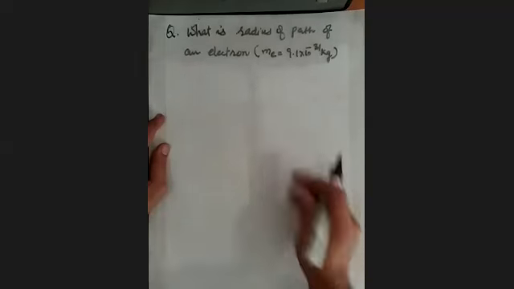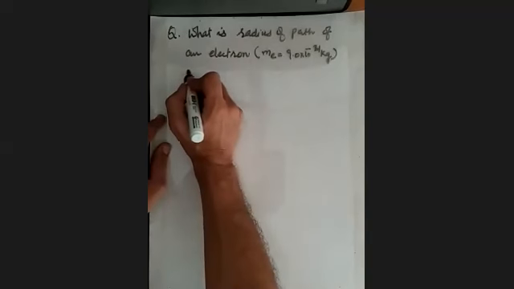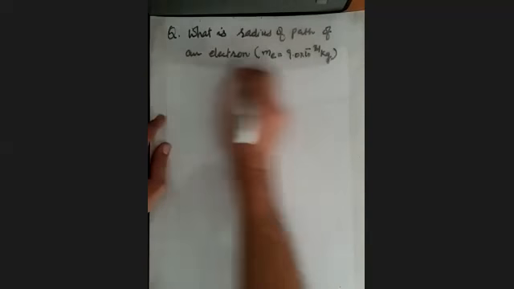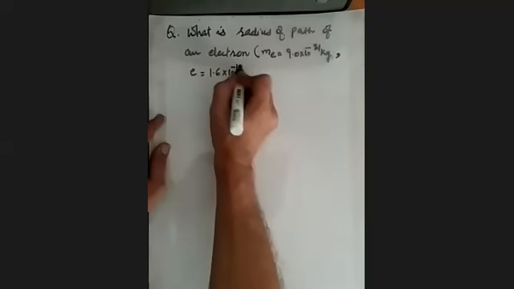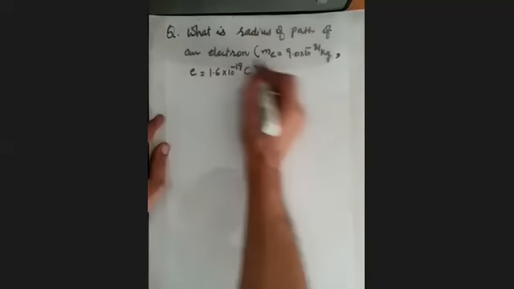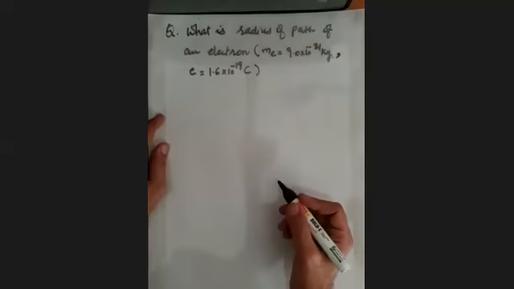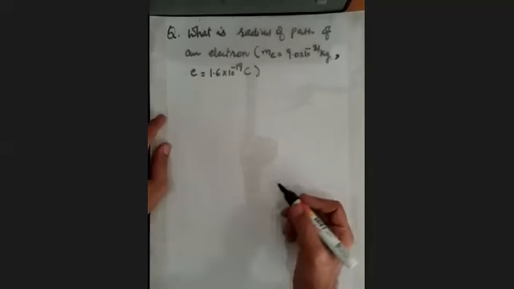That is given, so let us use only 9.0 for our convenience. And the charge, that is e, is equal to 1.6 × 10^-19 coulomb. So the electron is given, mass is given, and its charge is also given.